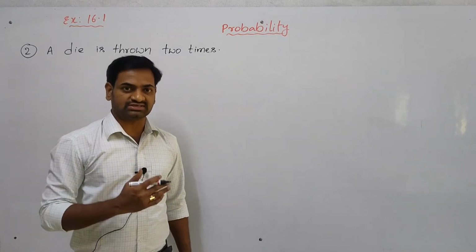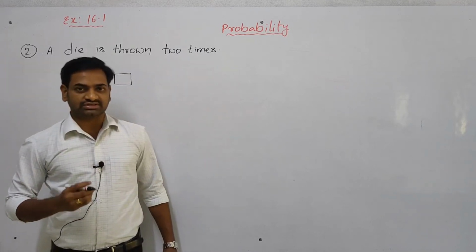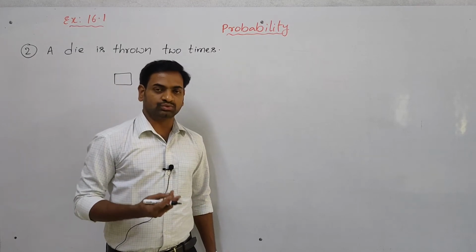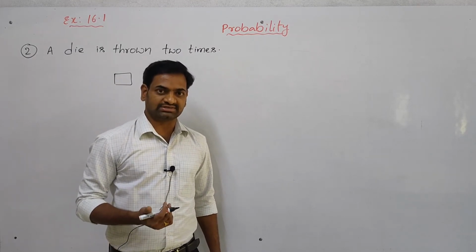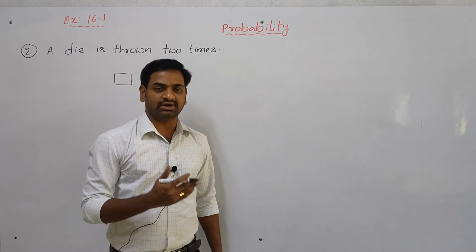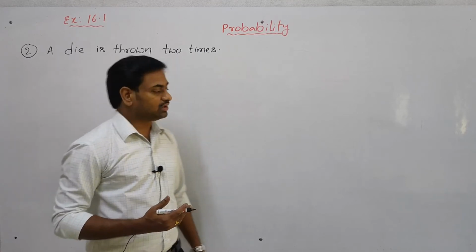There are 6 faces on the die, so each face is numbered 1, 2, 3, 4, 5, 6.